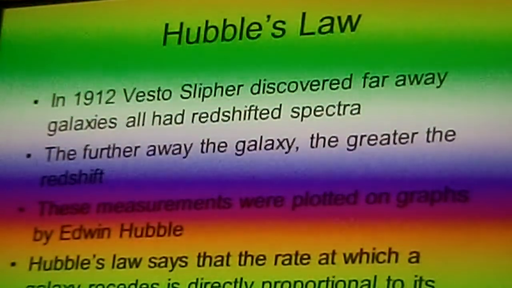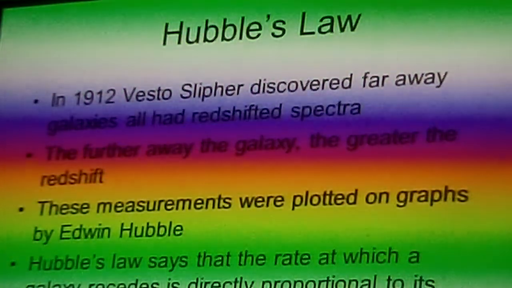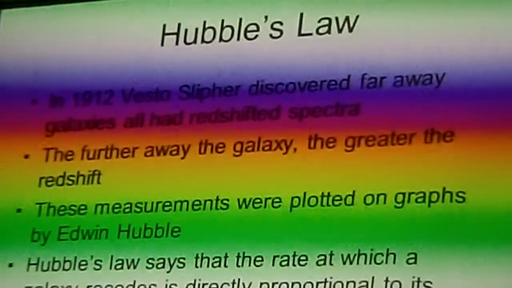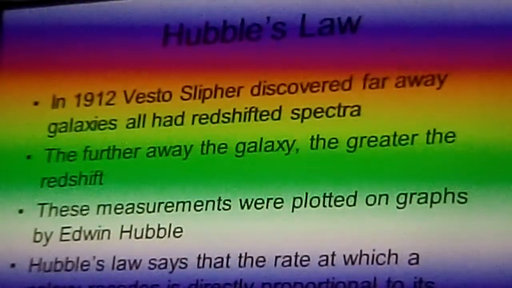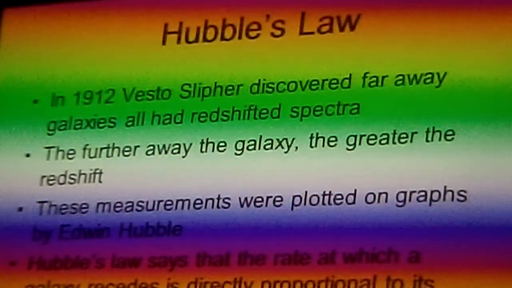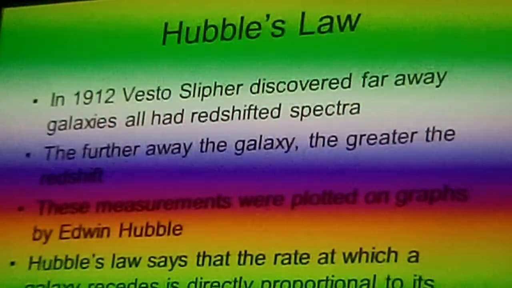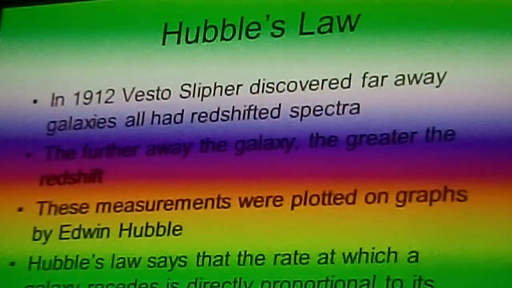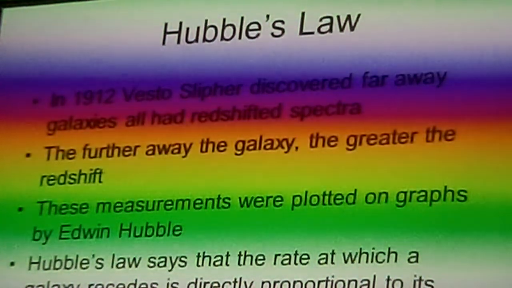Because if you are moving this way, way over here, and this thing releases light, that light will never get to you because you're moving away faster than the light is moving. The space expands faster than the light can travel. So there's an area of space that's always going to be dark, where we'll never be able to see that far away. And that can be found out mathematically by using Hubble's constant.